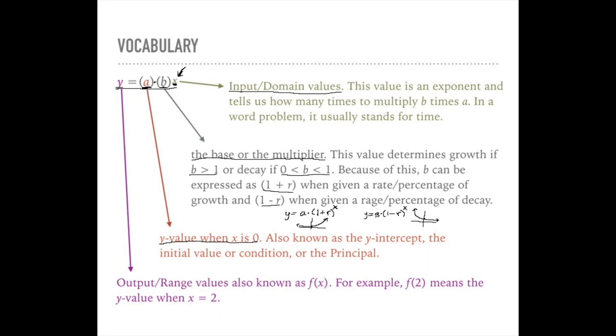Of course, unless you start out with, like in this example, $50 for your a value. That is known as the y-intercept on a graph, the place where the graph crosses the y-axis. And in a word problem, it is the initial value or the initial condition. In some money problems, we'll call it the principal.